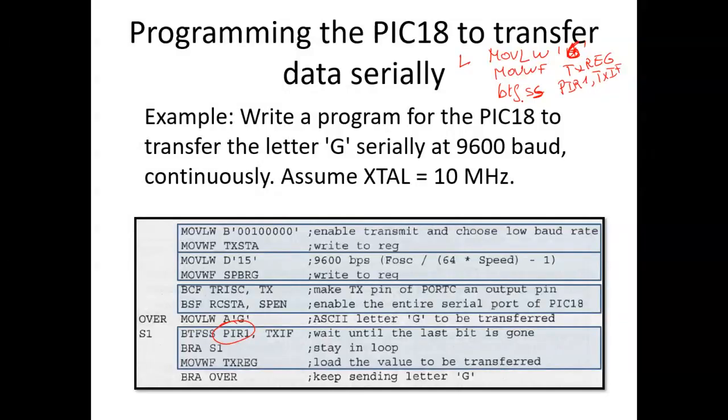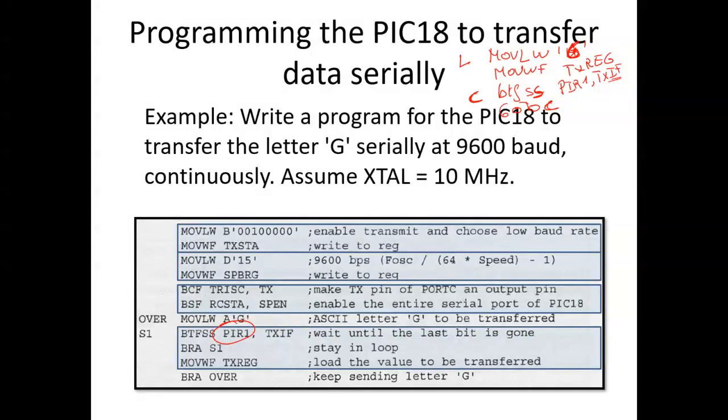Now, if this flag is 0, we have to do something, not just wait. So here we can use go to check. As long as this flag is 0, you can use go to check. And if this flag becomes 1, and the previous data is already sent, there is a skip. So now we can send the data.